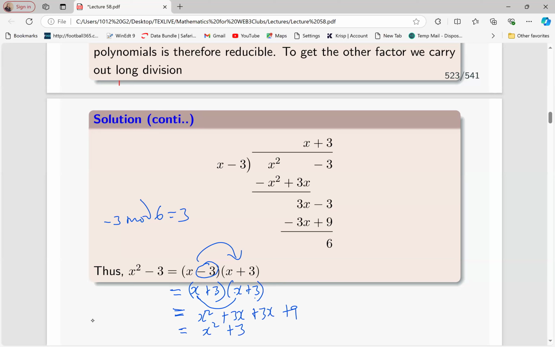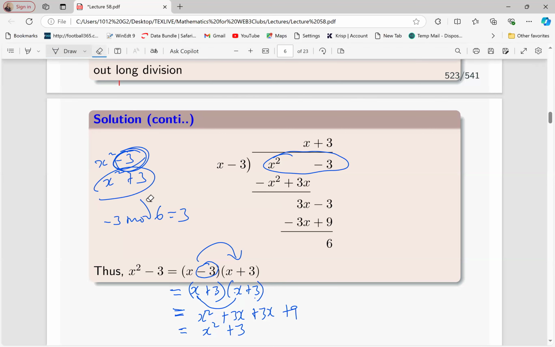And this is the same as the original, the one we were given. What we were given was x squared minus 3, which we can also write as x squared plus 3, because negative 3 mod 6 will be positive 3. So just the same thing. So long as you know you are dealing with mod 6, it becomes very easy for us.